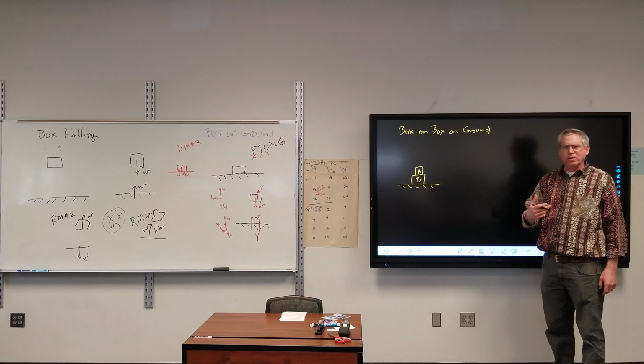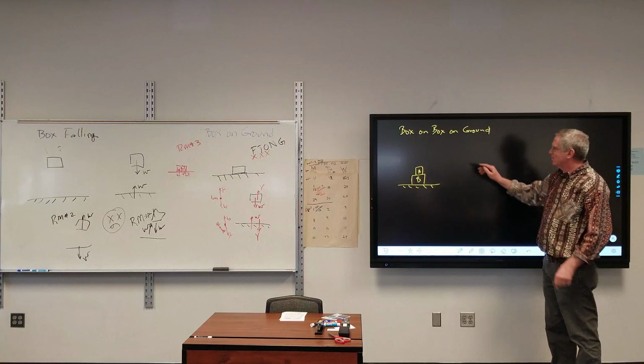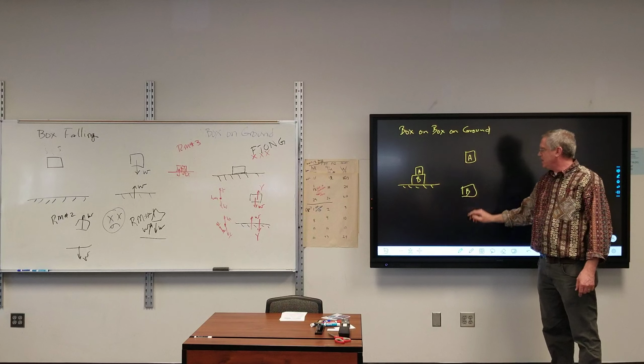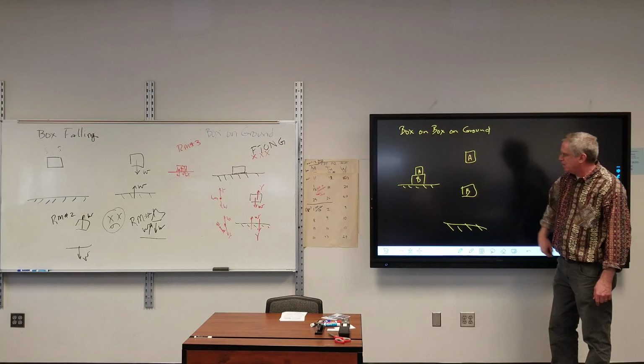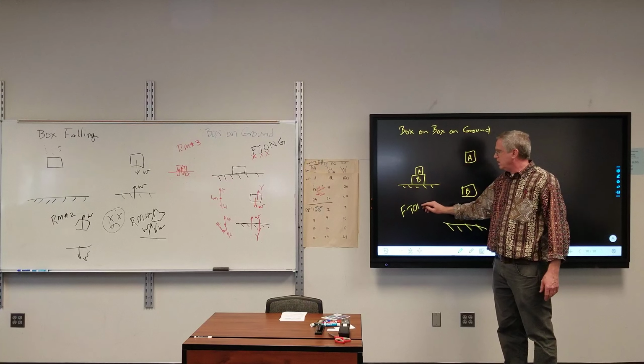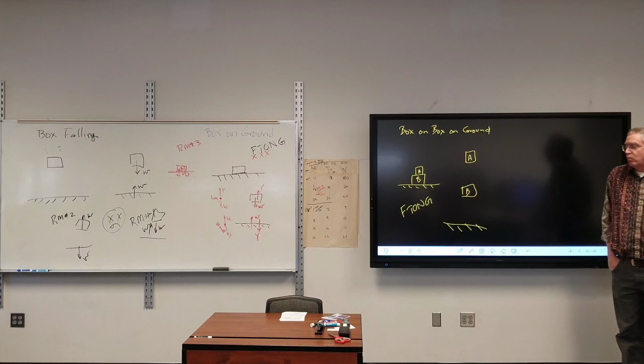What's the first thing I should do when I'm doing a force diagram on these? So we draw the box A, box B, and ground. All right, now let's go down the checklist. What can we get rid of?